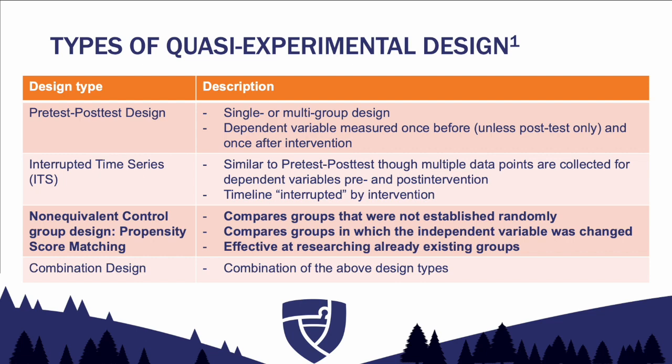Propensity score matching is used to compare groups where an intervention occurred and is effective at researching already existing groups. These are statistical techniques that help to minimize potentially confounding variables.